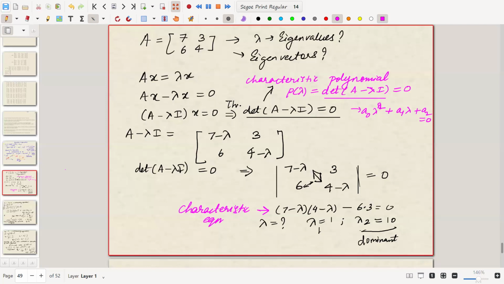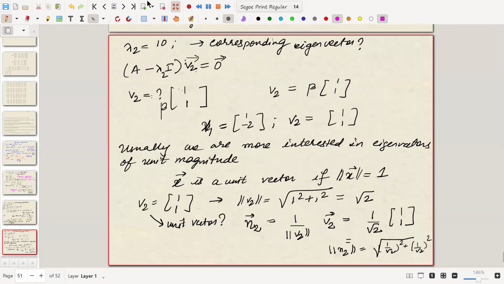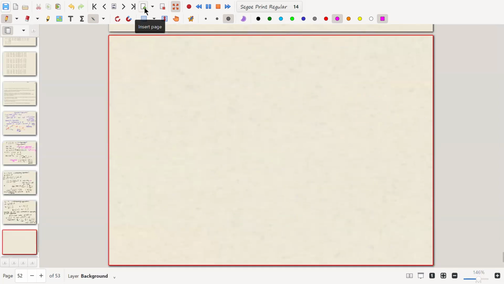So let us see the next method here, the power method, where we can find the dominant eigenvalue. Now what is the power method? Let us see the power method here.